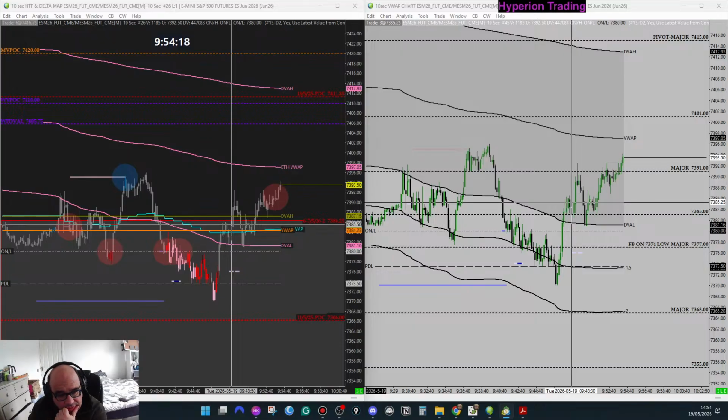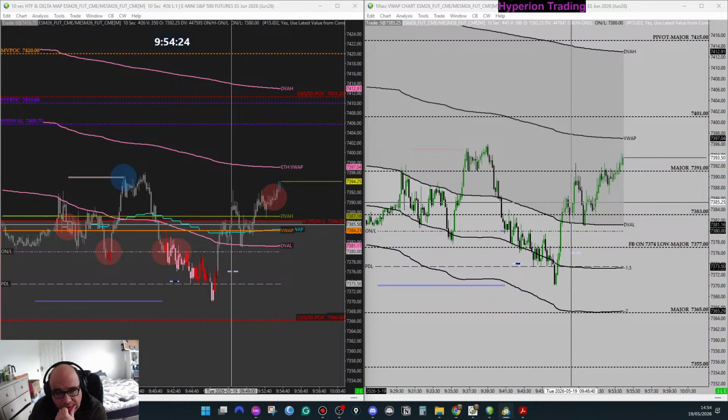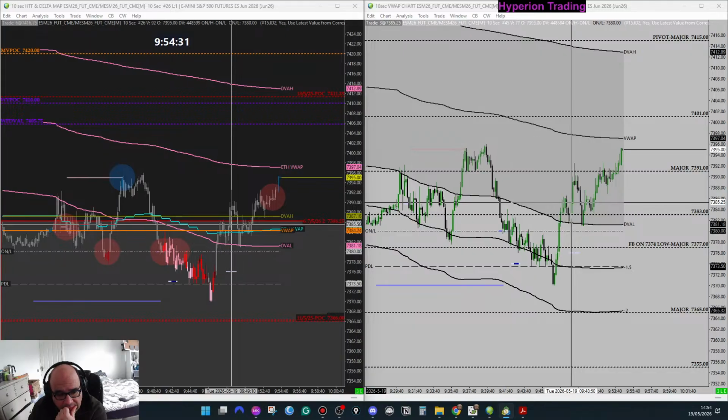Okay, now price is trying to break the previous DVA low. Let's see if we're gonna get accept. In theory, we should because we're coming from a failed breakdown and we have a lot of cumulative delta coming.